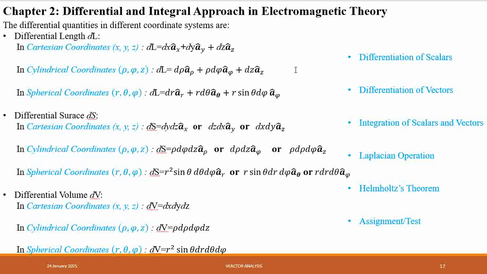For that, first we should know about the differential length, which is dl. We can represent this differential length in all three coordinate systems, which we have learned in the last lecture: the Cartesian coordinate system, the cylindrical coordinate system, and the spherical coordinate system.